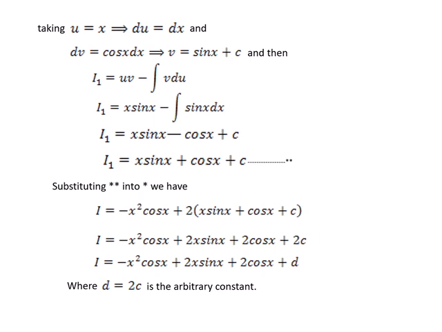Since it is c plus c, we have it as 2c. Then at the final stage, we represent that 2c as d, just for us to have a constant there. So you can see the final answer as I equal to minus s squared cos s plus 2s sin s plus 2 cos s plus d.